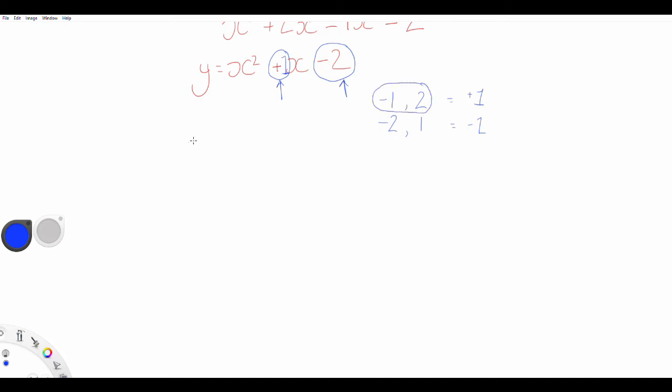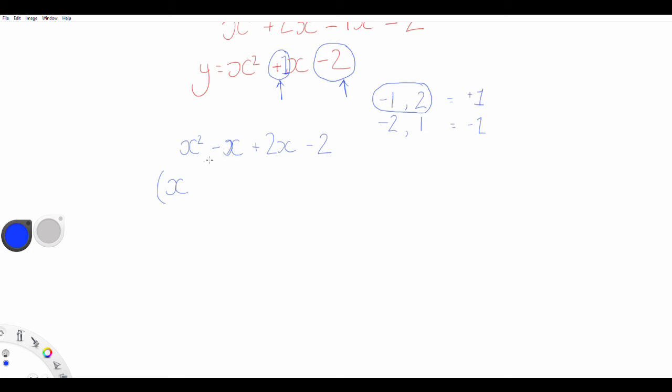So then that means we can split the equation just as we saw before. We have our x squared term, and then we'll have a minus 1x. We'll then have a plus 2x, and we've still got this minus 2 term. And from there, you can see the brackets that we're going to put it into, if you consider that this is the mid step of timesing the bracket out.